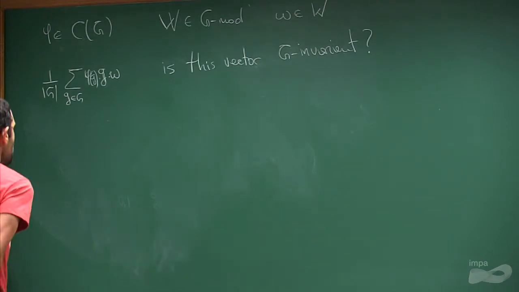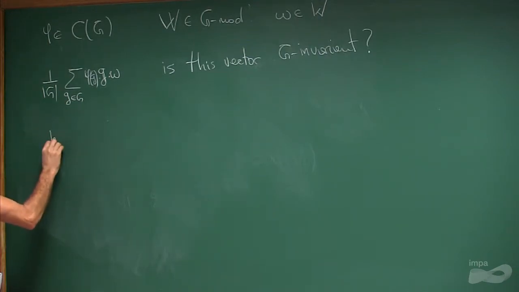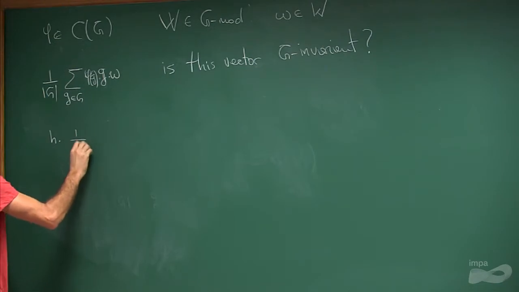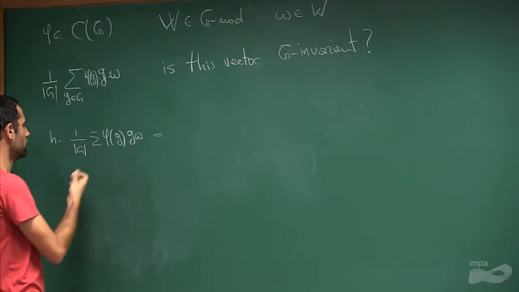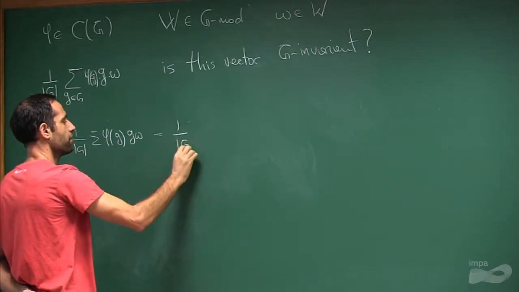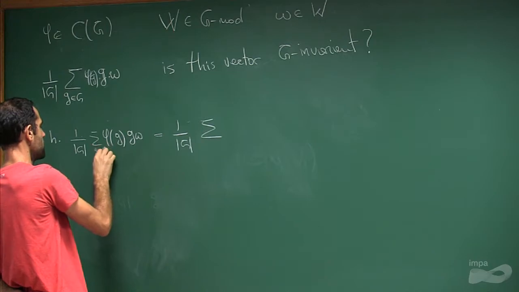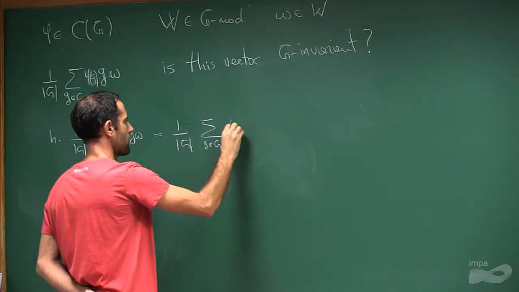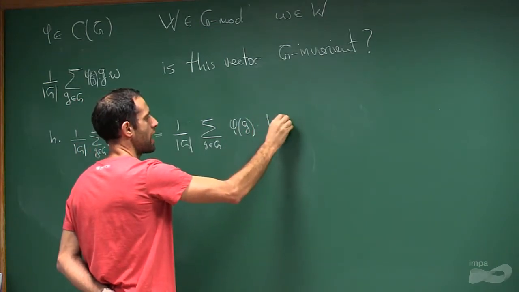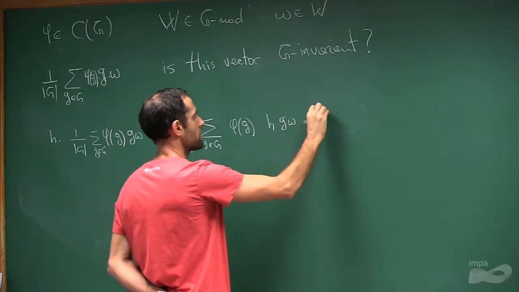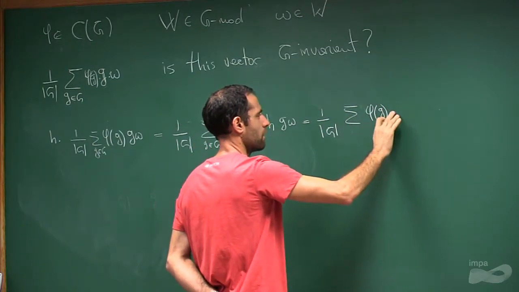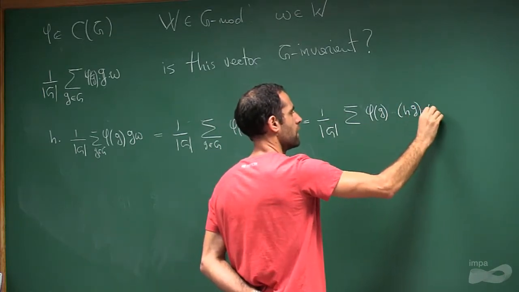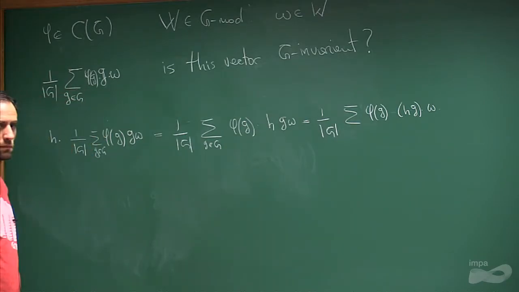So if I take another h and I act on this guy, then, well, this is a linear sum, so this is 1 over |G| times the sum over elements in the group of phi of g, h acting on g acting on w, and h acting on g acting on w is the same thing as the action of hg on w. Now I wonder, how can I compare that vector here with this vector here?